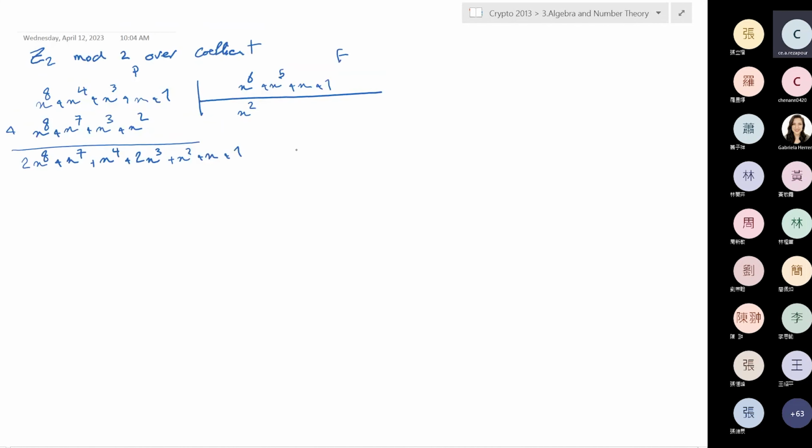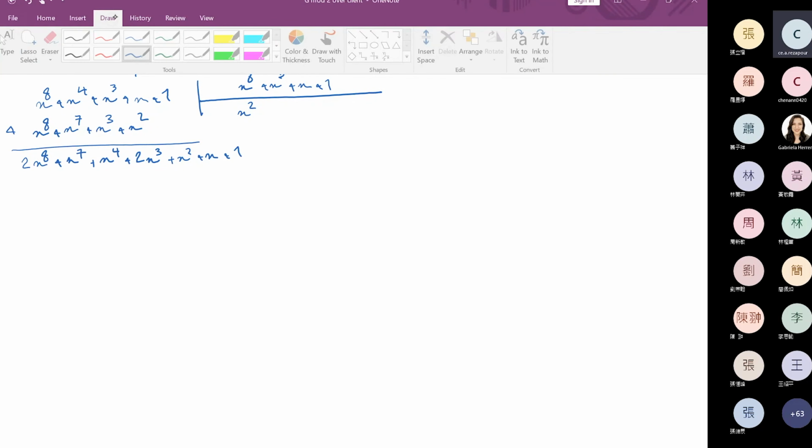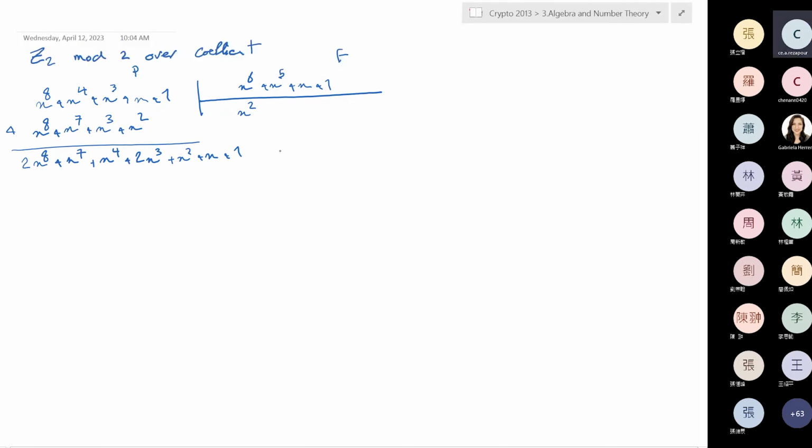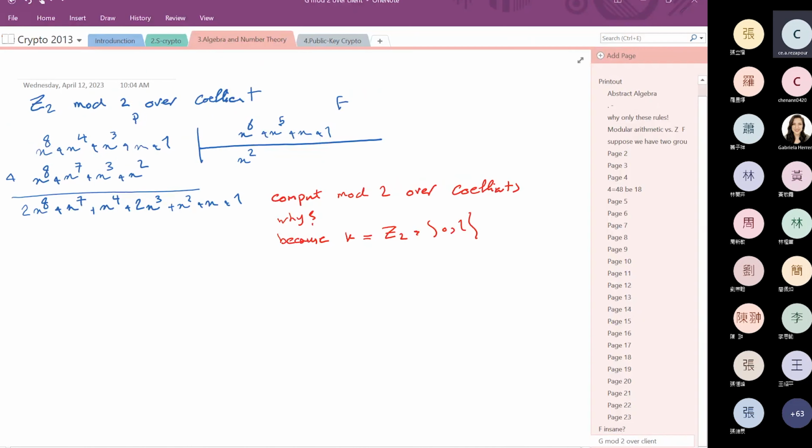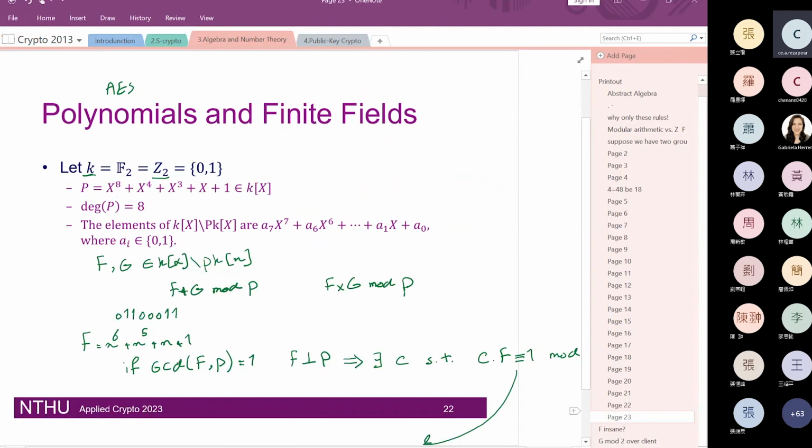We said, let me write it in red so that you guys remember, we compute mod 2 over coefficients. Why? Because our group K is Z2, which is equal to 0 and 1. So the coefficients that we defined for this group, K is actually F2, which is Z2.